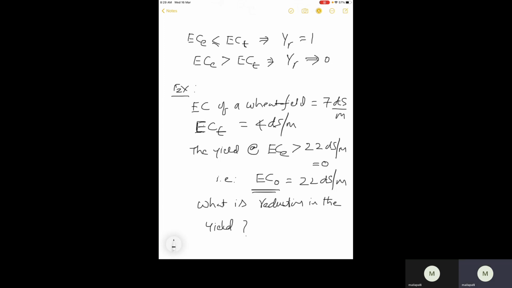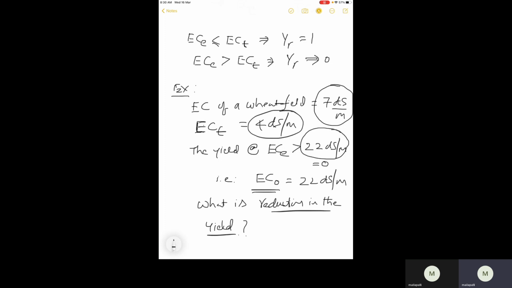Okay. So then what is the reduction in the yield in that case? So this is a threshold, right? And this one is the maximum soil salinity, at which the yield will be 0. And the current soil electrical conductivity or soil salinity is 7 deci per meter.